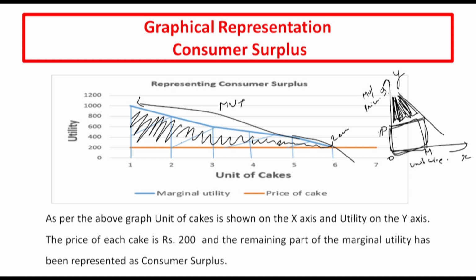And if you consume any further unit, your marginal utility will turn negative, and negative means your consumer surplus will be converted into consumer deficit. So this shaded area is the consumer surplus, and if you continue below, then this area will be the consumer deficit.